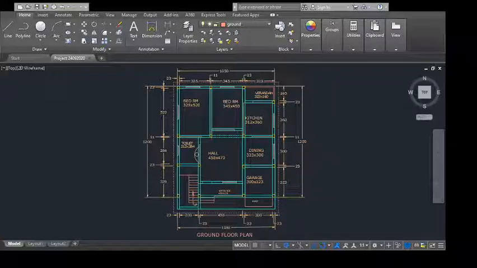Having done that, we have to look at the ground floor and see that on the ground floor the beams get concealed within the walls. Everywhere the beams get concealed within the walls. Once the beams get concealed within the walls, the look of the structure is pleasing. Everyone would be preferring that structure. So in the next session we will be starting to design the beams by taking the loadings.